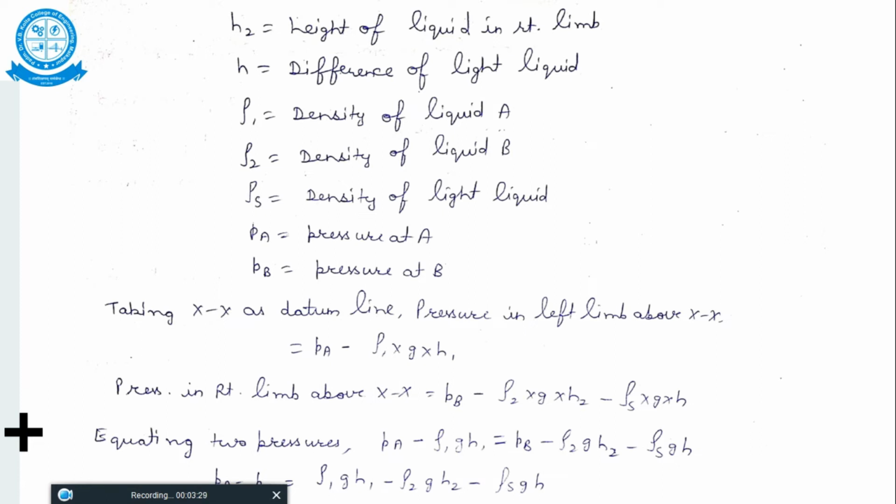So equating these two equations, we will get the PA minus PB equation: rho1 g H1 minus rho2 g H2 minus rho S g H. So this will be the equation for finding the difference of pressure with the help of the inverted U-tube manometer. Again, I am going to repeat here: the inverted U-tube manometer is used to measure the low pressure difference between two points.